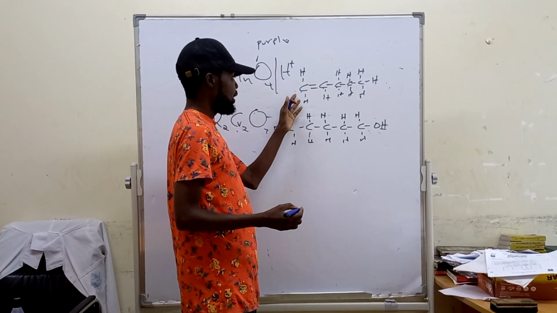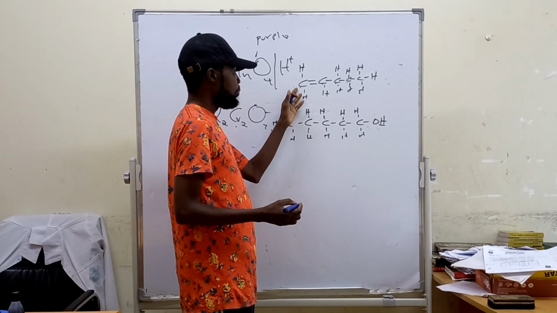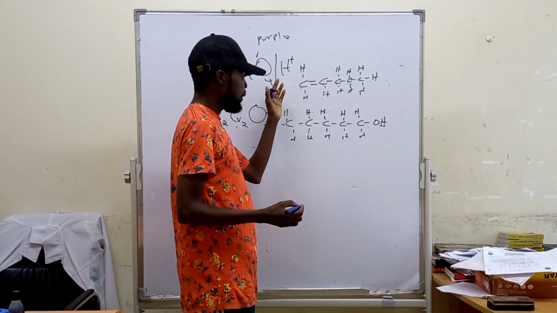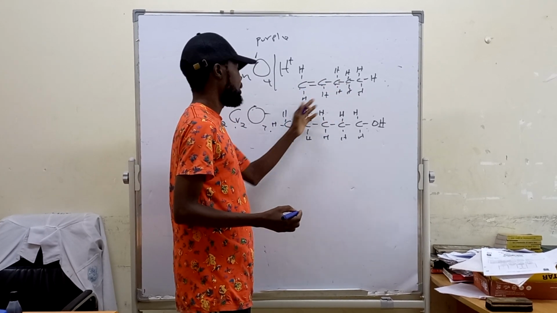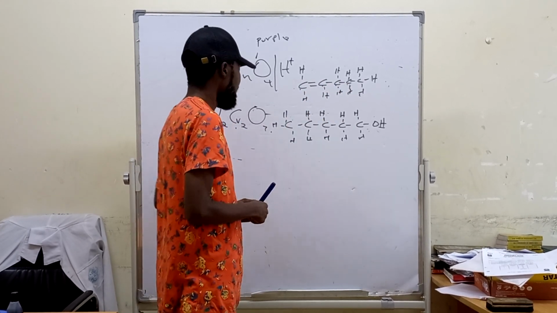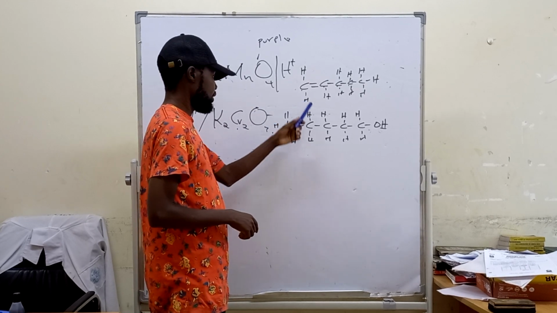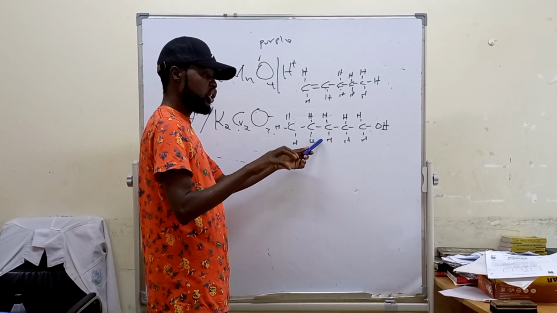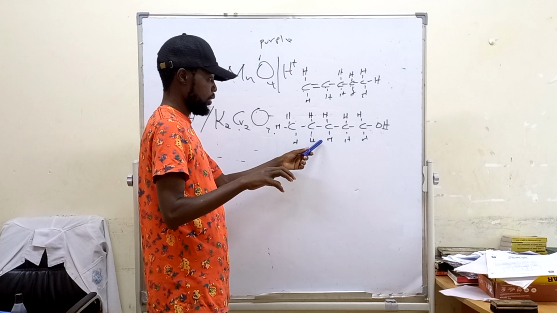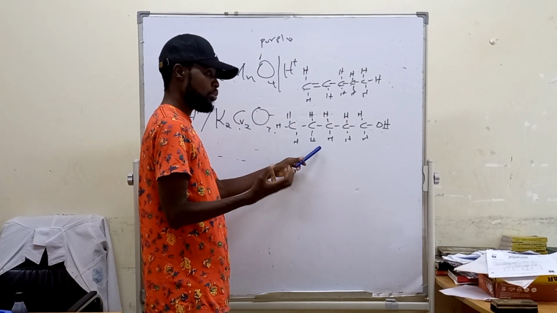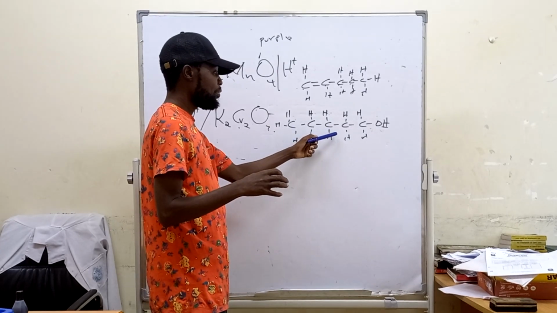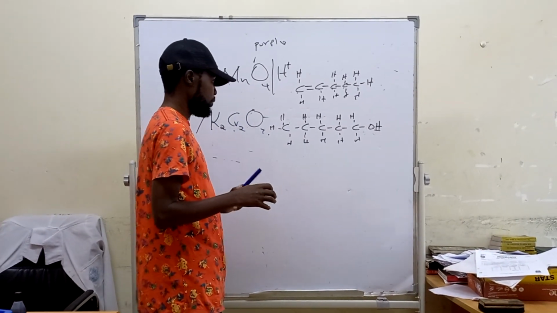And this one is pent-1-ene. Now if I add dichromate to the alcohol, the color will change immediately from orange to green. If I add dichromate to this and do some small warming, it will change color immediately from orange to green.